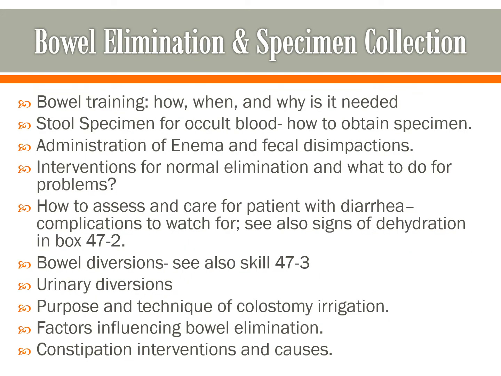The stool for occult blood procedural guideline is box 47-4. Also look at box 47-13. That'll give you the focus on the older adult, bowel retraining. Procedural guideline for digital removal of stool, box 47-10. Enemas, make sure you read all about the enemas. It's in your text.